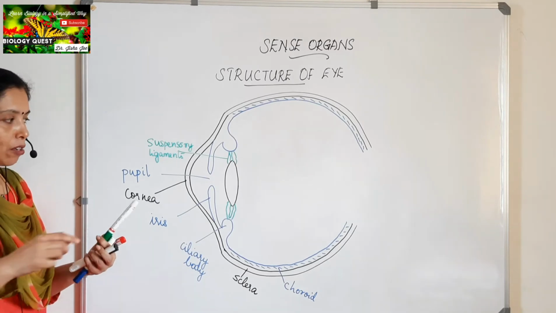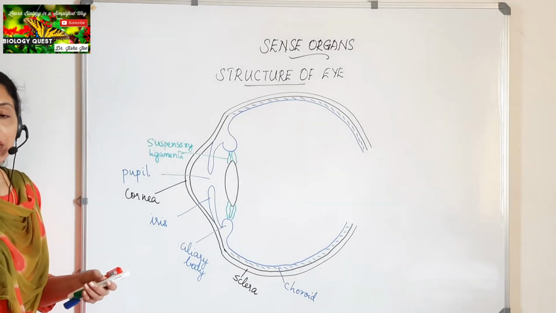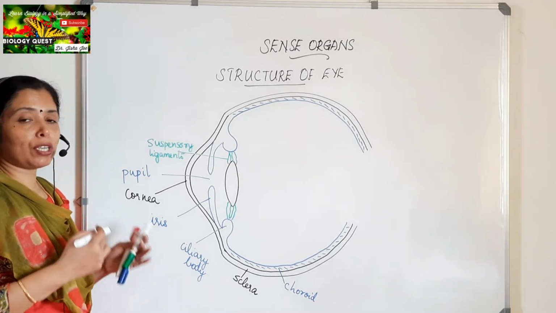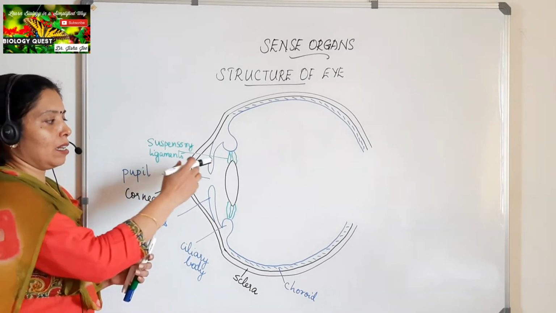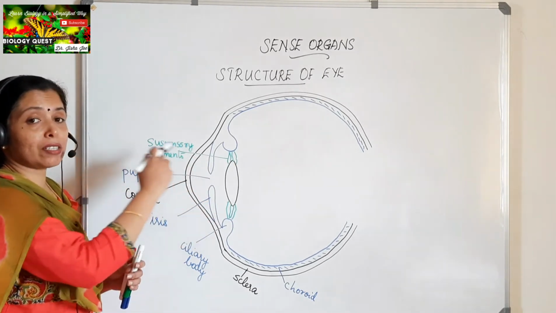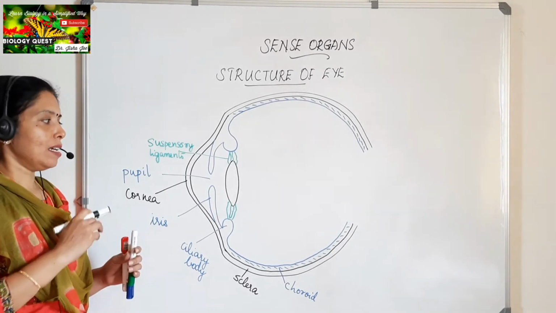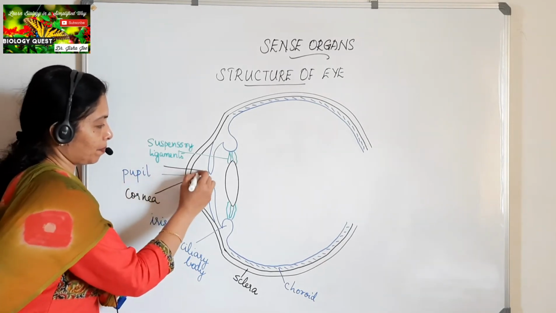The lens is a biconvex, transparent structure, and it is formed of lens fibers which are long cells without nuclei, and the lens is attached to the ciliary body by means of fibers which are called the suspensory ligaments. That is the lens there.